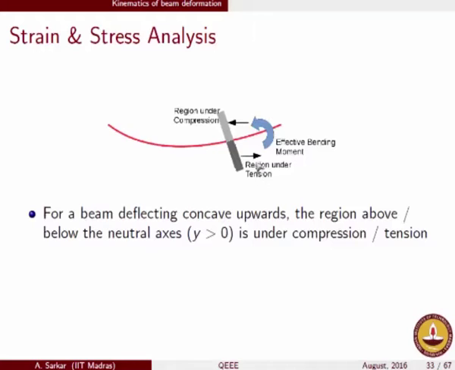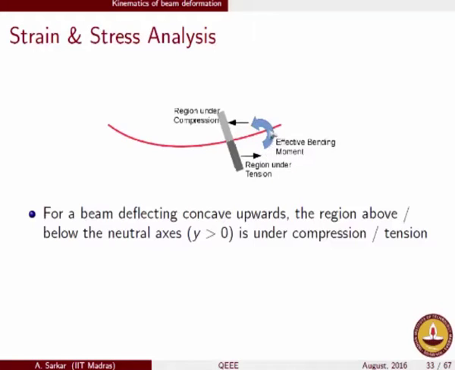Now the bottom portion is under tension, and the top portion is under the action of compressive loading, shown by the arrow here. These two arrows obviously form a couple, and that couple is the effective bending moment.